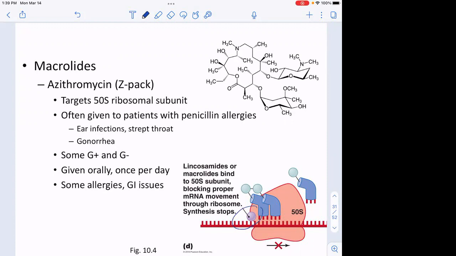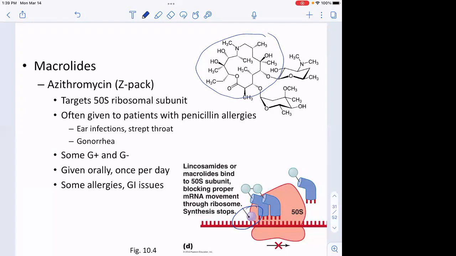So when it binds there, the messenger RNA can't move through the ribosome as easily, and so it's typically going to stop protein synthesis. In structure here, like I said, don't memorize structures. I like to point out things that are just sort of, hey, this makes sense. This whole ring here, that's called a macrolide ring. I wouldn't necessarily expect you to know that, but that's why we call them the macrolides.